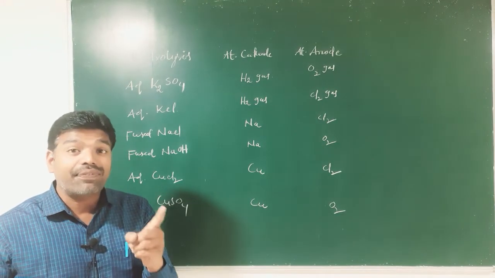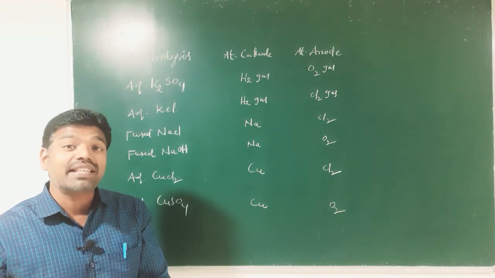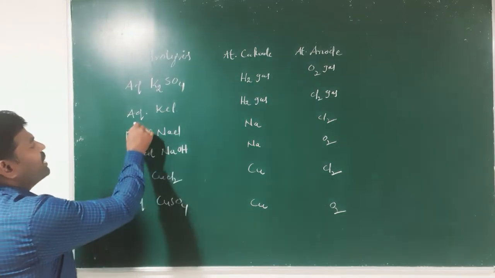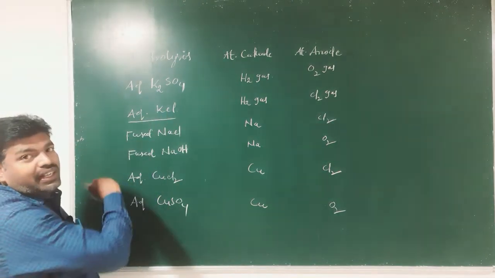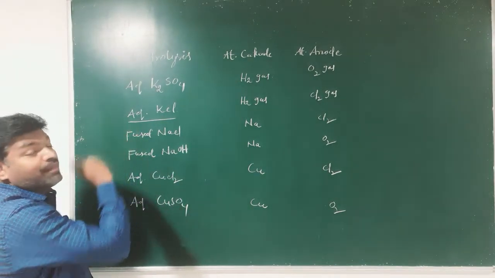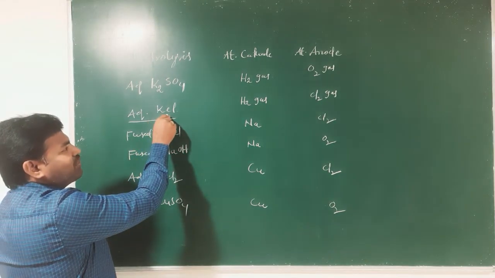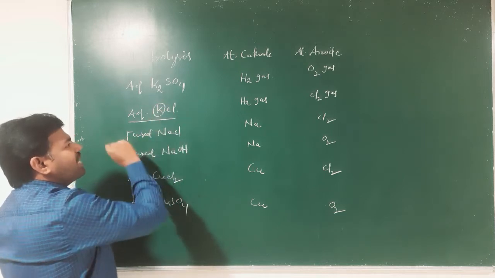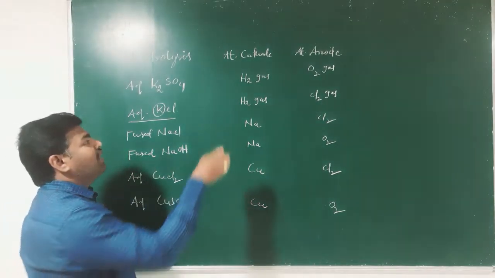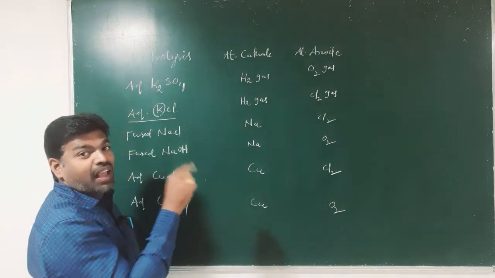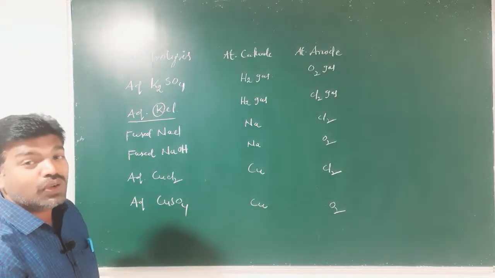Let us see the example. If you electrolyze aqueous KCl solution, there are water molecules as solvent. Metal is more reactive than hydrogen, so instead of potassium, hydrogen gas is liberated at the cathode.